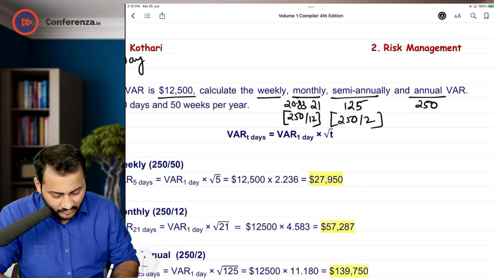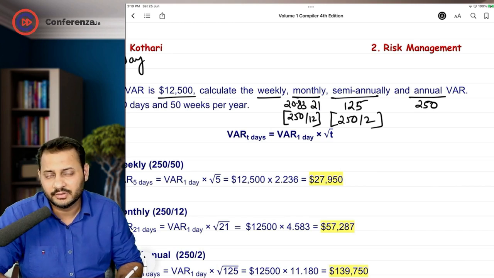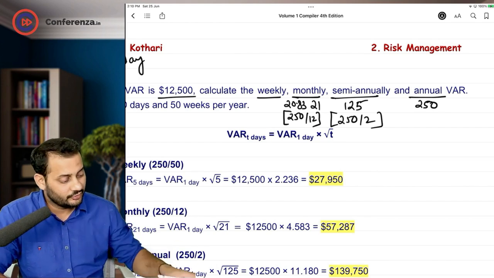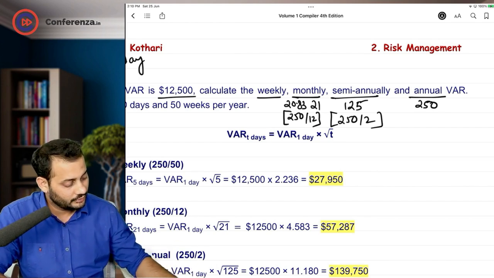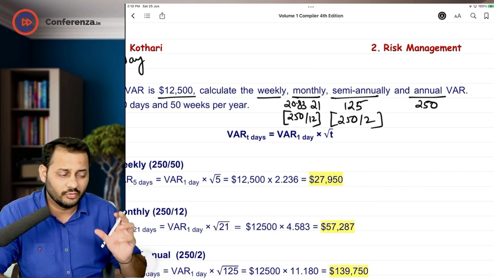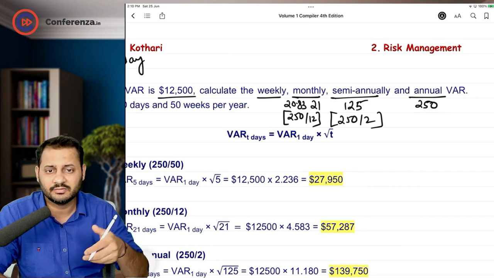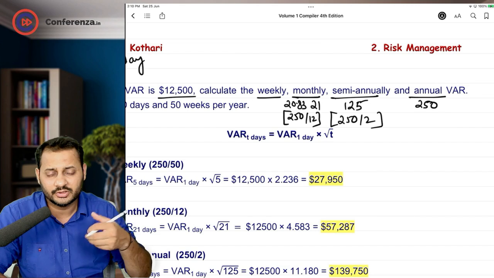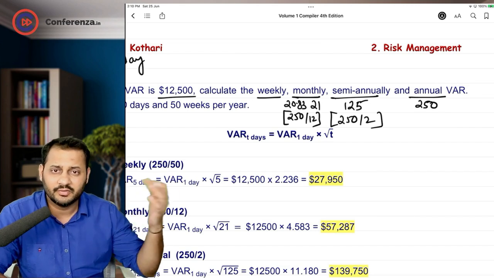So we will take round of 21 days in a month. Trading sessions. So if you do the calculation of 250 by 12, it gives you 20.83. Obviously we have to take the whole number, not the decimals, and that's why it is more closer. 20.83 is closer to 21. That's why we are taking 21.